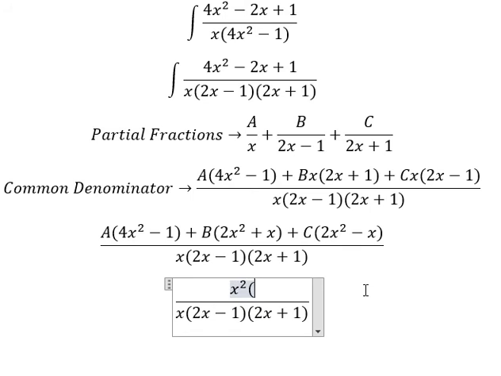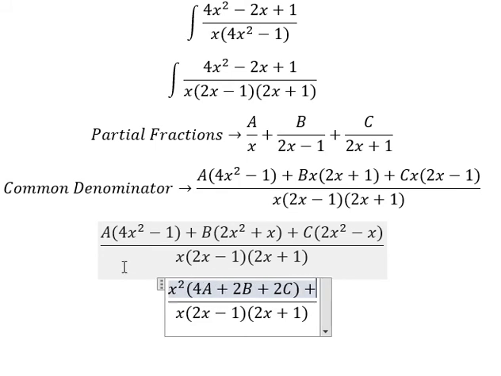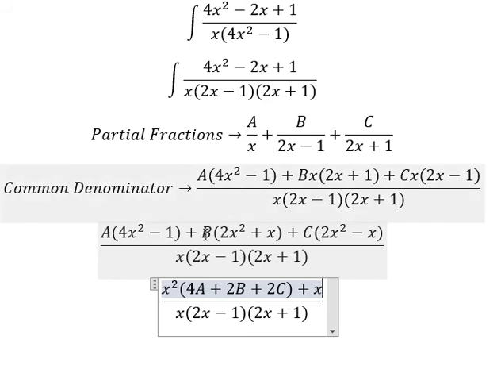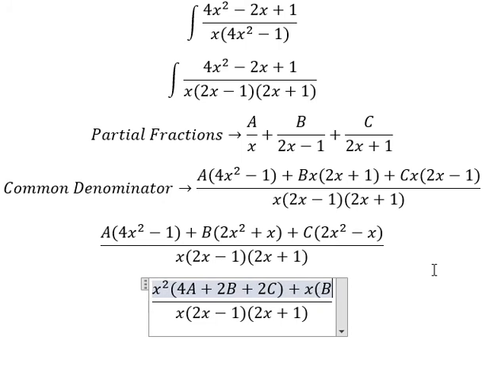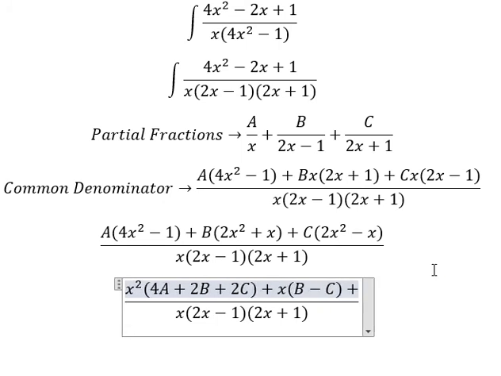For s squared, we have 4a plus 2b plus 2c. For s, we have b and c with the negative in here, so you get b minus c. For the constant, we have a multiplied by negative 1, so you get negative a.